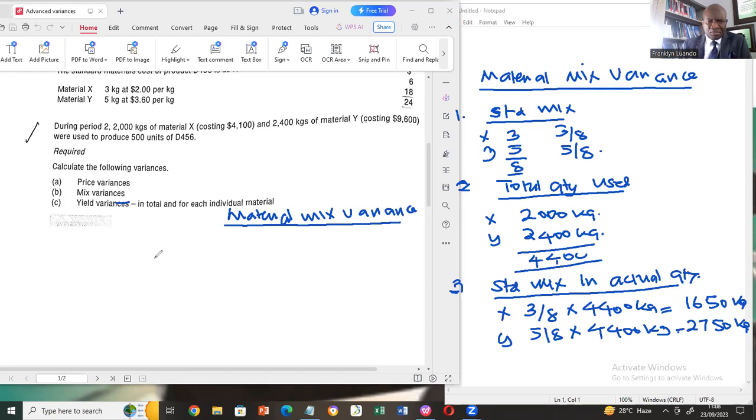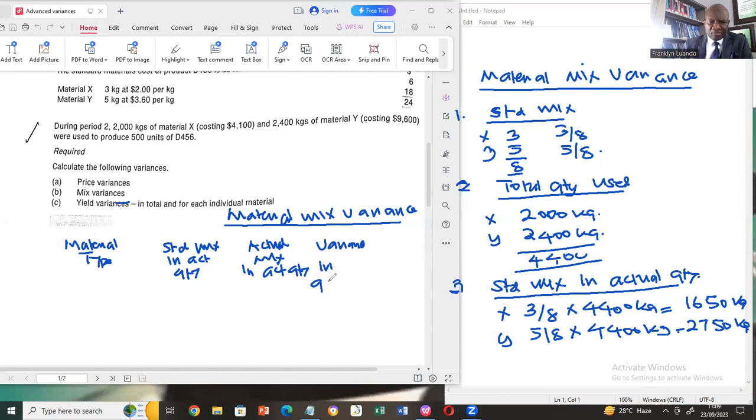We have material type, then we have standard mix in actual quantity, then actual mix in actual quantity, then variance in quantity, cost per kilo, and variance in dollars.